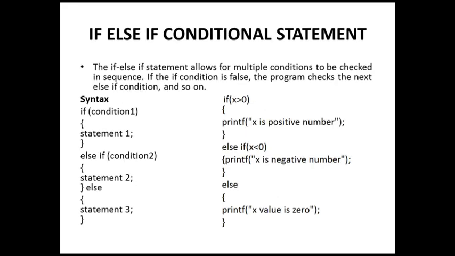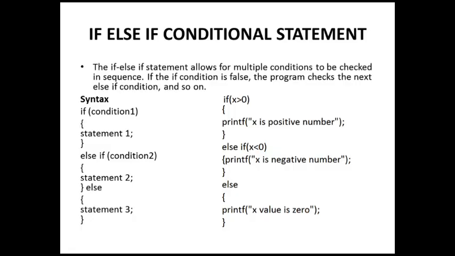When we want to check more than two conditions in the program, we go with the if else if conditional statement. Here, if the first condition is false, it goes to condition 2. If condition 2 is true, it executes one part of the statement. Otherwise, if that condition is false, it executes another part. Let us see one example.